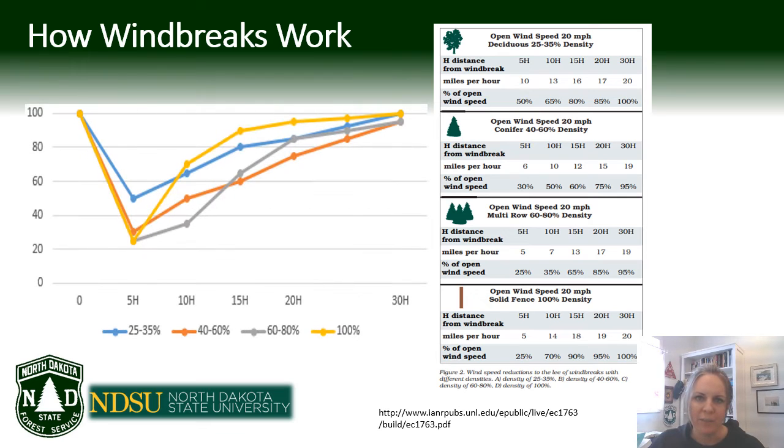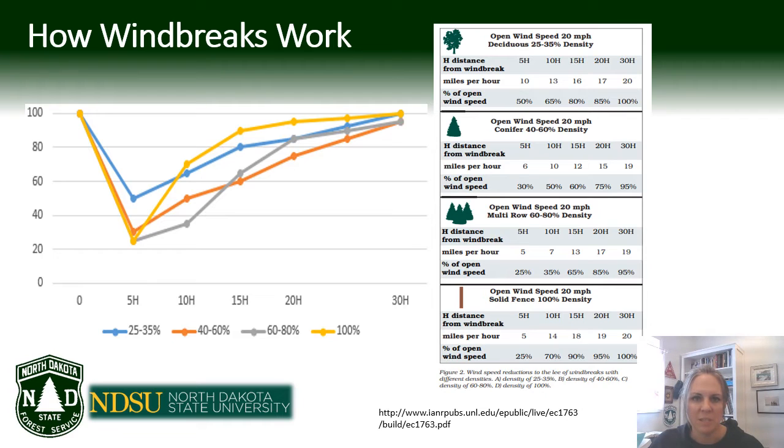Here is a graphical representation of these 4 scenarios, all assuming that the windbreak is the same height. The yellow line, or solid windbreak, results in a steep drop in velocity, followed by a fairly rapid rebound. The lowest density windbreak, the blue line, doesn't result in as sharp of a reduction, but also doesn't bounce back as fast.